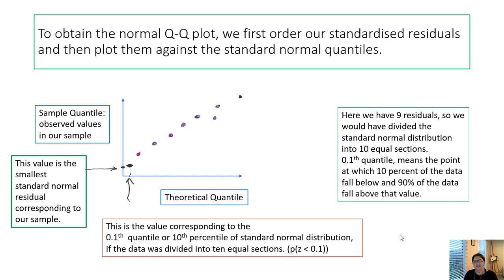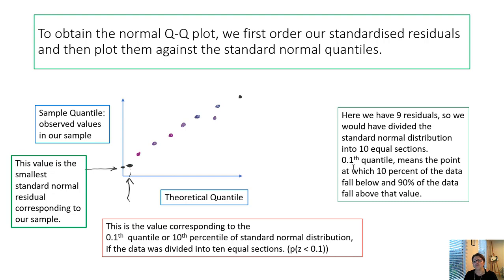Okay, just a bit of explanation for that. We first order our standardized residuals and then plot them against the standard normal quantiles. So, for example, here we have 9 residuals. So we would divide the standard normal distribution into 10 equal sections.